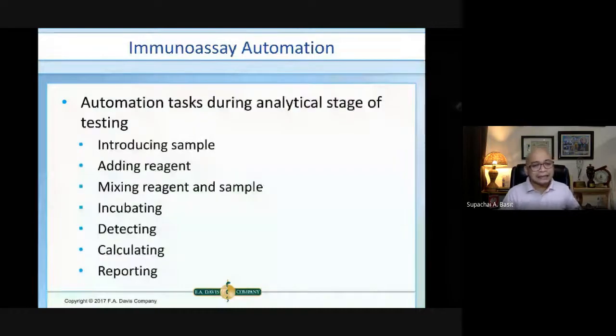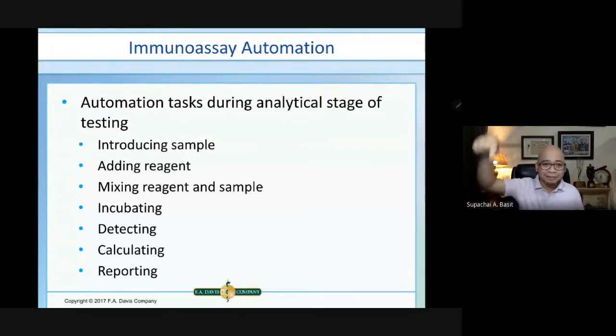So there are several things that are being done by the automation during the analytical stage of testing. Imagine the machine will do the following for you: introducing the sample, aspiration of the sample, adding the reagents, so you no longer need to pipette, mixing reagent and sample, incubating, detecting, calculating, and reporting.